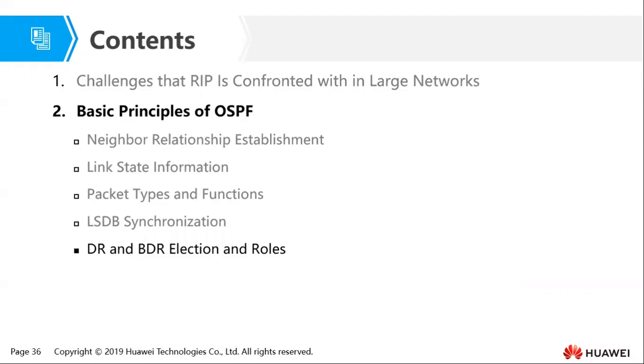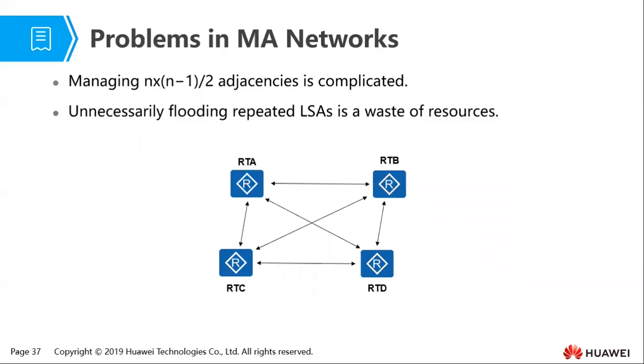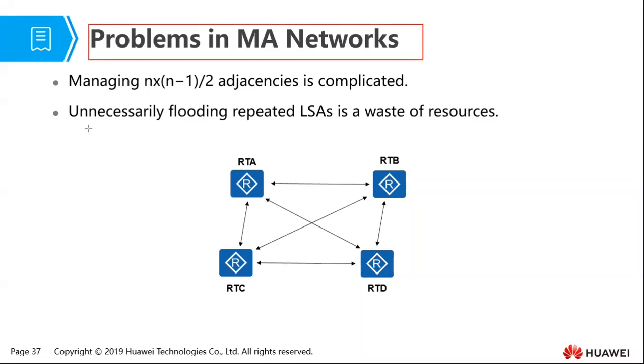So now let's look at the concept of the DR and the BDR. In multi-access networks, the problem is we can have so many adjacencies. Adjacencies means everyone is trying to share with everyone else, as you can see from this illustration.